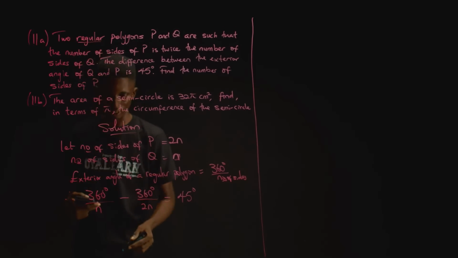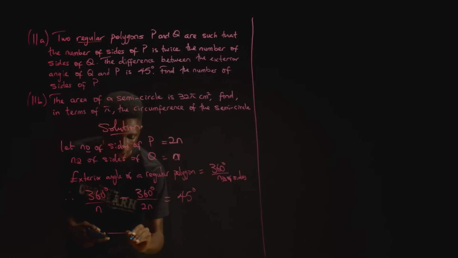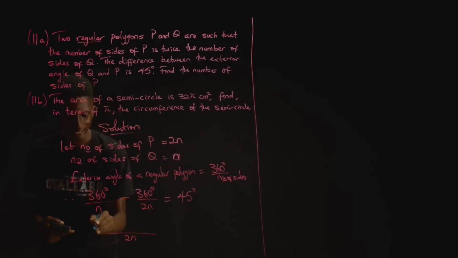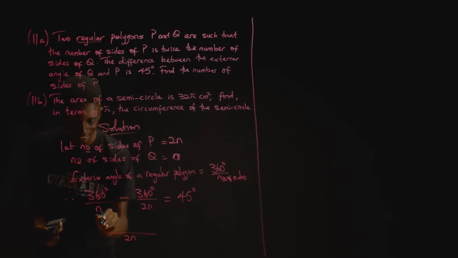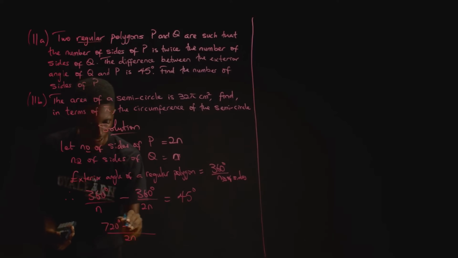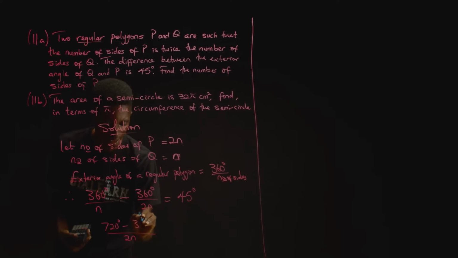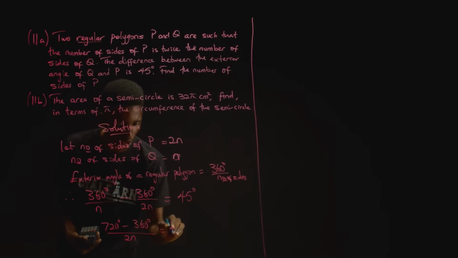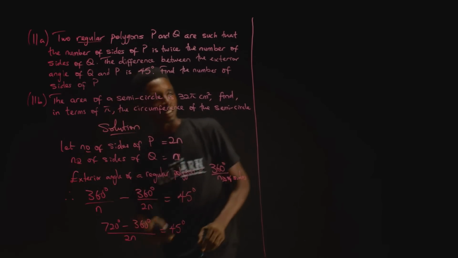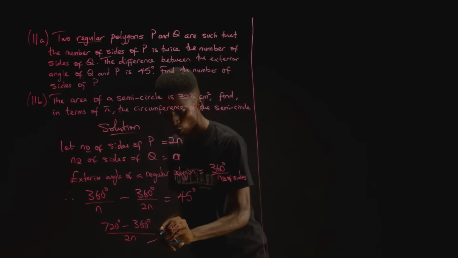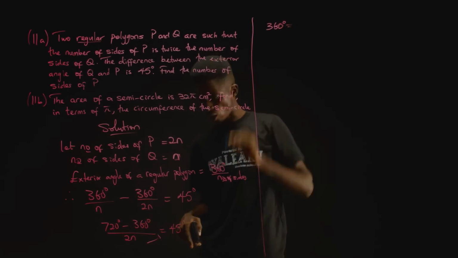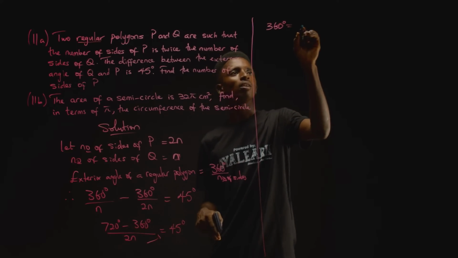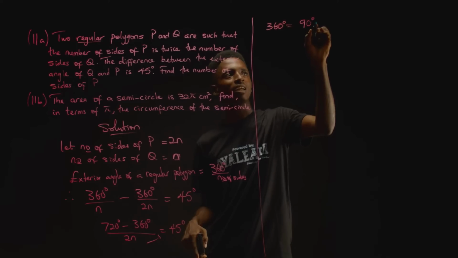So let's go on to solve this. If we take LCM, we have 2n, and then 2 multiplied by 360, that is 720 degrees, minus 360 degrees, and all of this equals 45 degrees. When we cross multiply, the difference gives us 360 degrees equals 2 times 45, which is 90 degrees, times n.